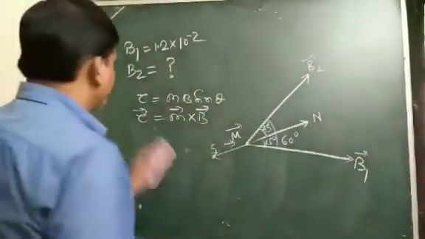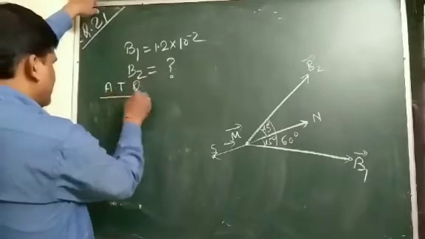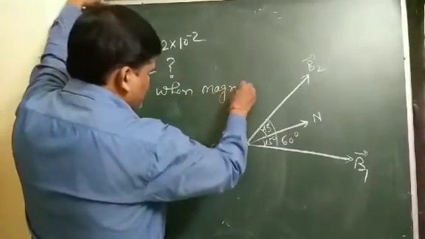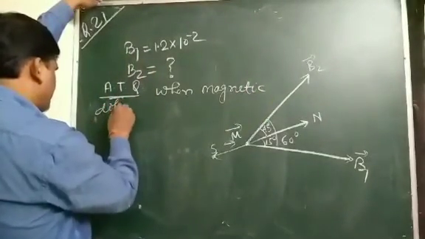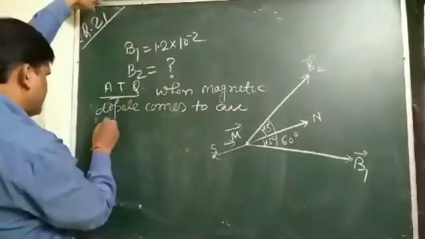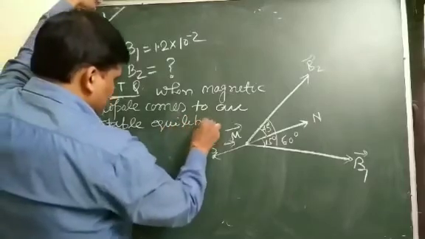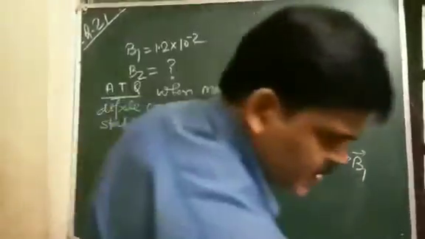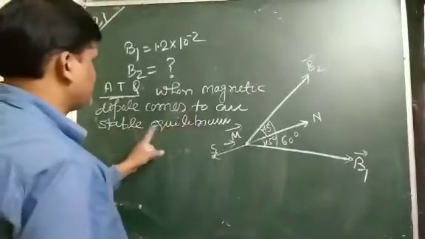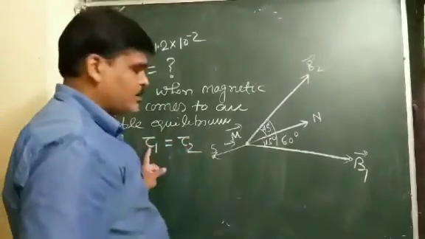So according to the question, when the magnetic dipole comes to stable equilibrium, tau1 equals tau2.